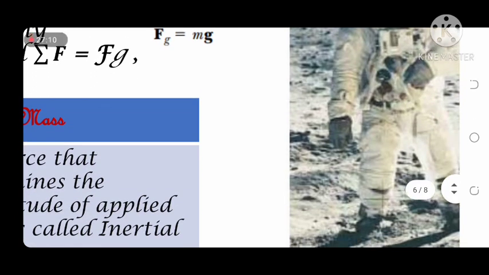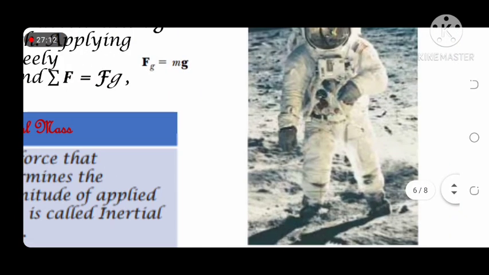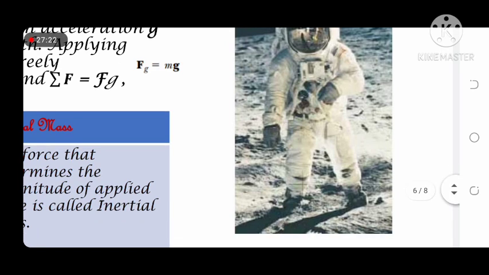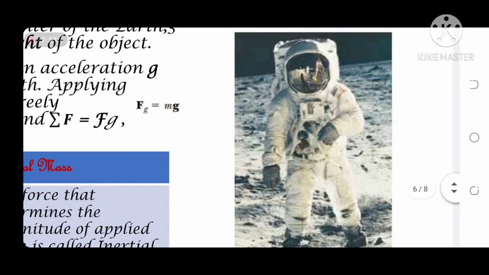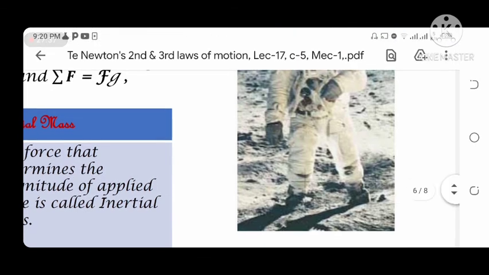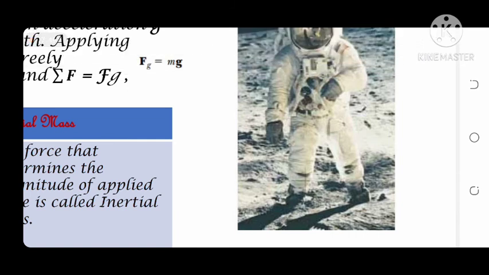Gravity, a picture from the book is shown here. The value of g is different on different bodies. An astronaut has landed on the surface of the moon, as he wears a space suit. Man has landed on the moon.